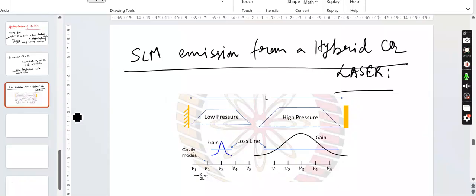The low pressure gas has gain only at the frequency mu3, but the high pressure gas has gain at the frequencies mu2, mu3, and mu4.